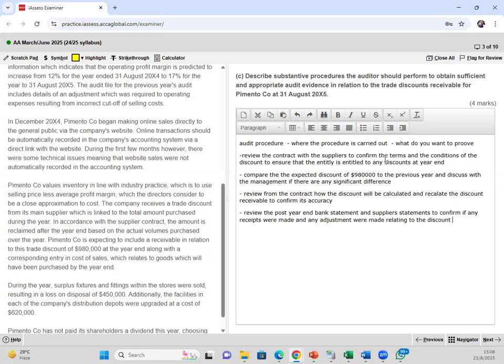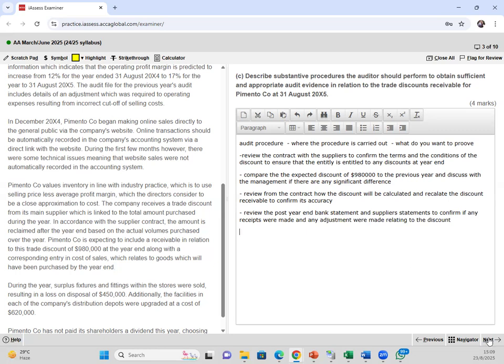Because from what I heard, they are recording it as a receivable, meaning that we are receiving the discount after the year end. So we can just check, did we receive that? The question was a bit tricky, but that is what I would say.